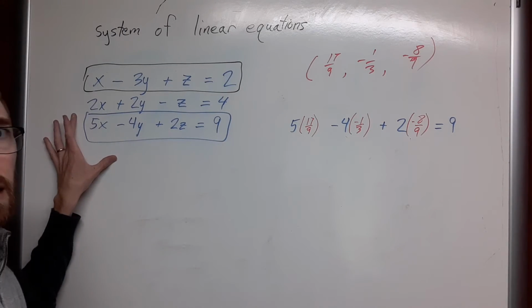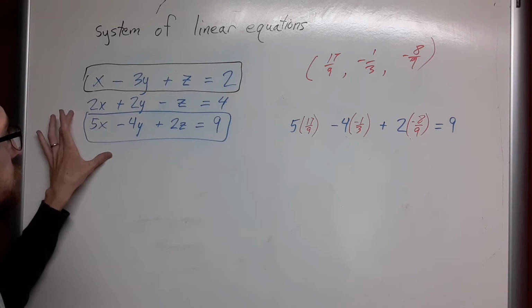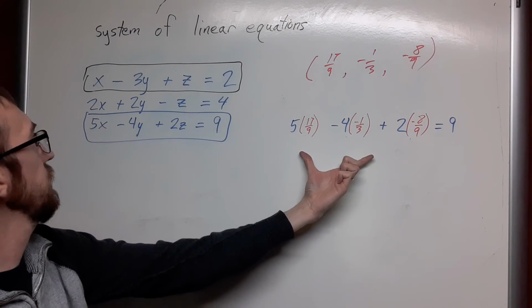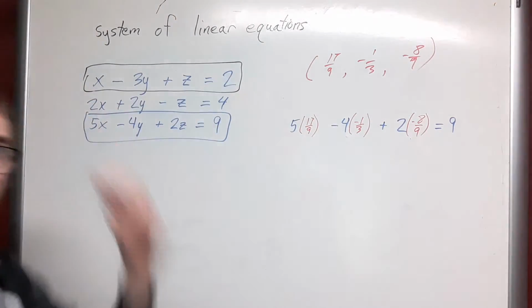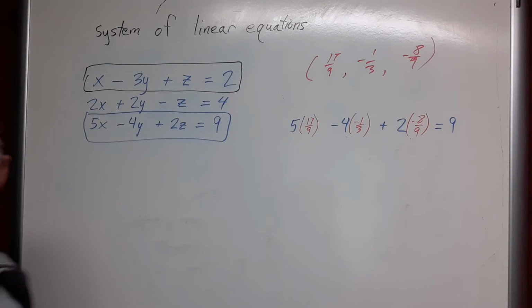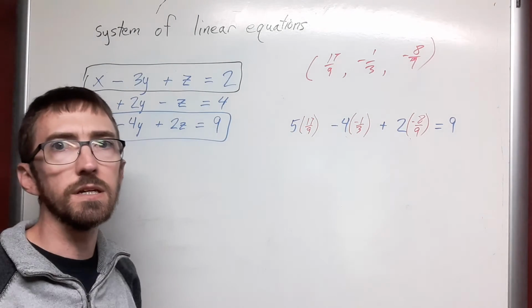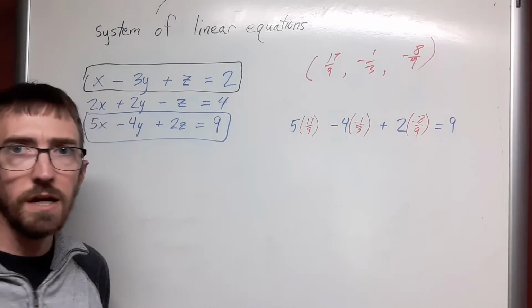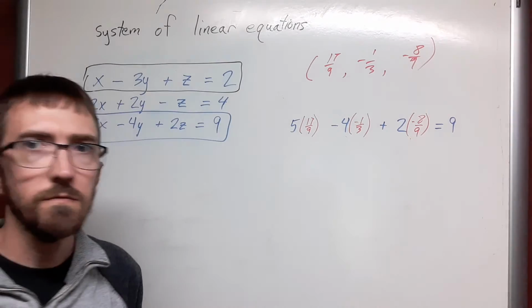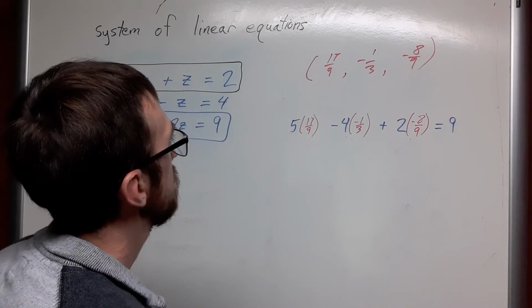I've looked at taking this third equation here, I've brought it over to here, and I've substituted in the x, y, and z from our ordered triple, and we're going to run through the arithmetic here and see if we can get a true statement. So there's a lot of fractions here, and I know not everybody likes dealing with that, but fractions, those are a valid type of number.